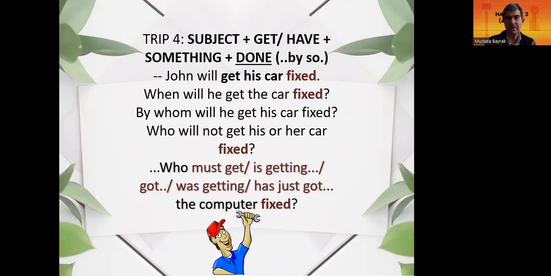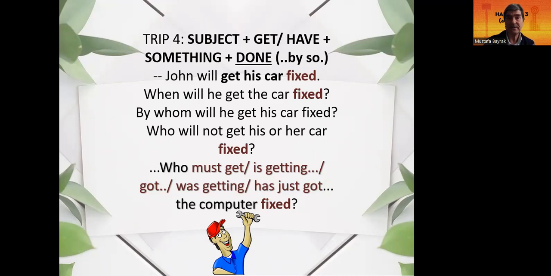Okay, for example, let's see the first sentence. John will get his car fixed, for example, by the mechanic, Faruk. Yes, this is the passive form of the causative voice.